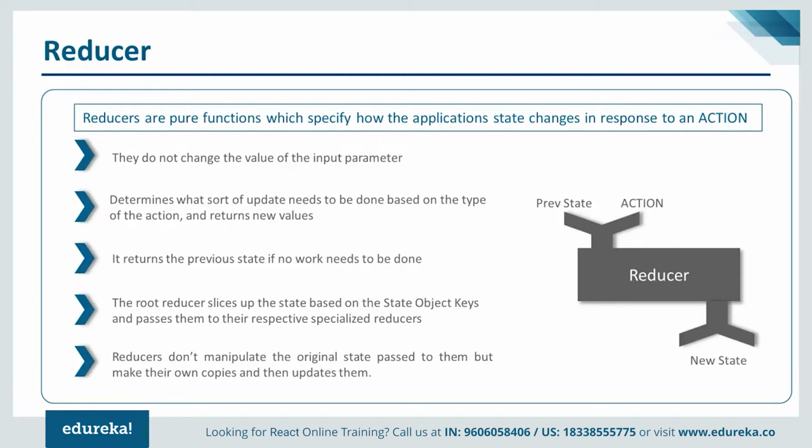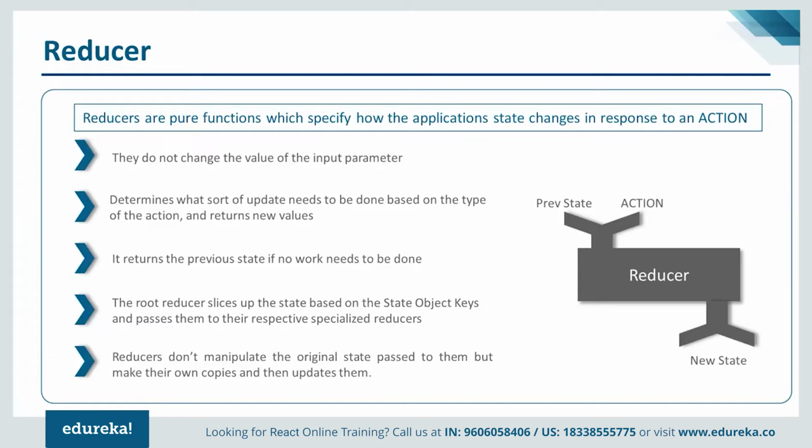As we saw, the actions are payloads of information which give input to the store. So in between these two things, there is a Redux component called reducers, which are pure functions which specify how application state changes in response to an action. They do not change the value of the input parameter.